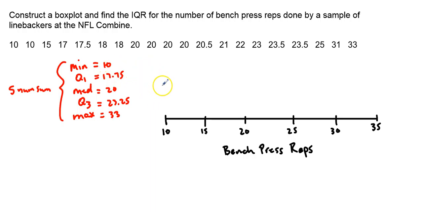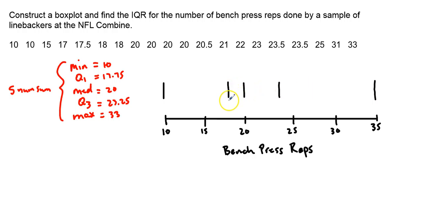From there, we just go ahead and plot these points here, these 5 values from the 5-number summary. There's my minimum. My Q1 is 17.75, so a little above halfway between these two. 20. 23.25 is going to be up here. And then 33 is way up here.